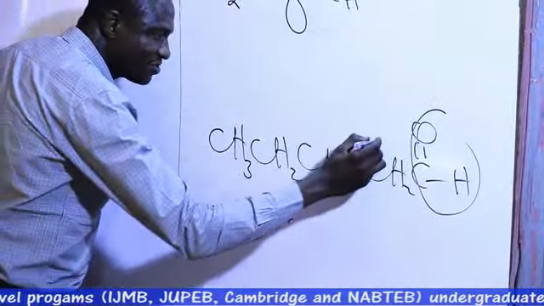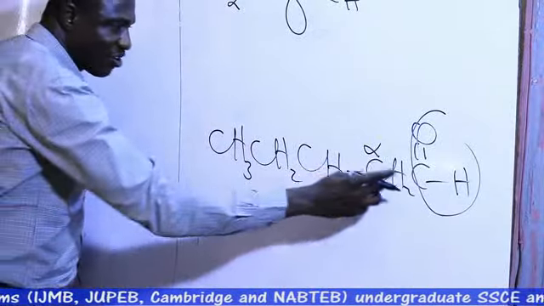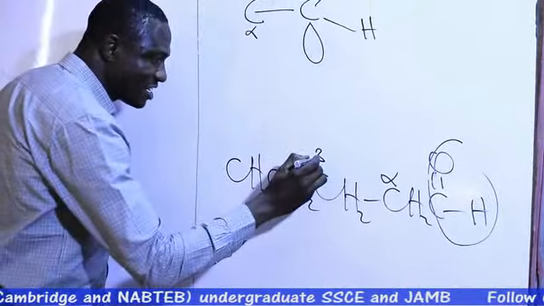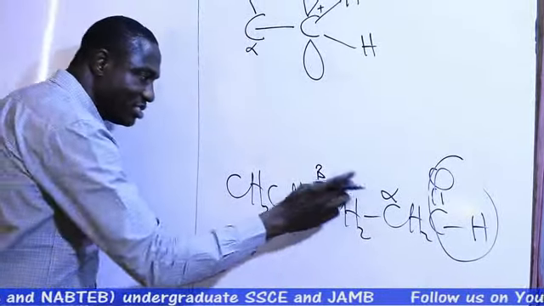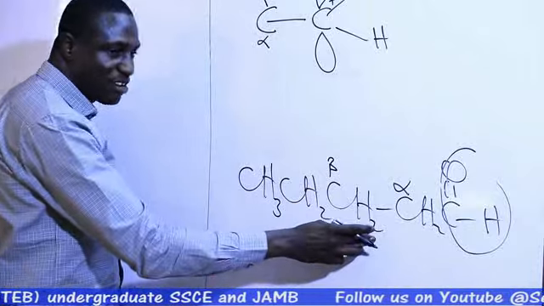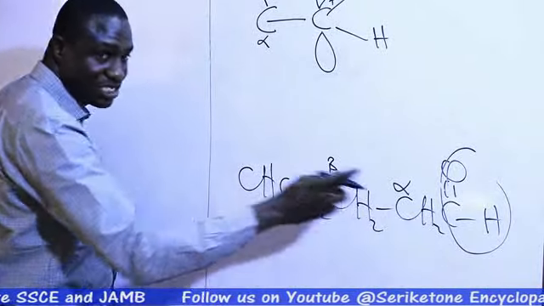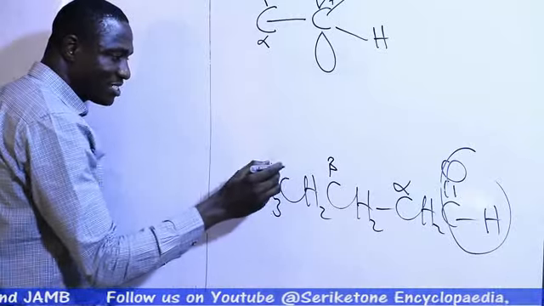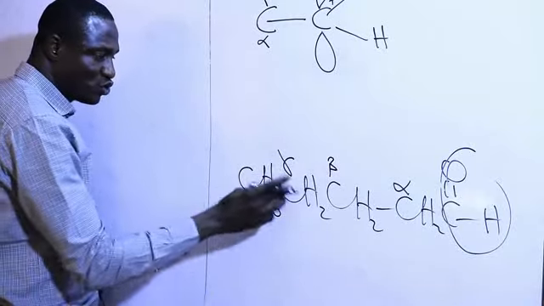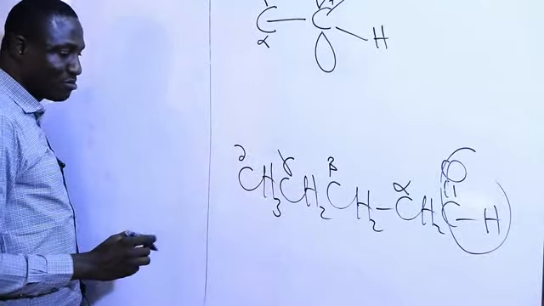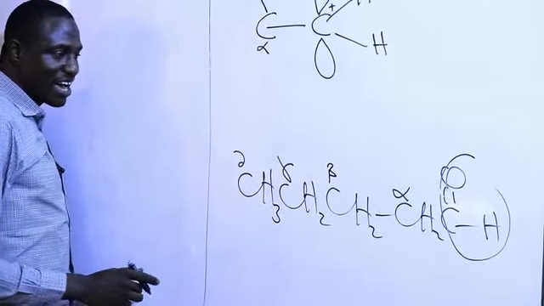The carbon that is next to it is called an alpha carbon, and all the hydrogen atoms on that carbon are called alpha hydrogen. The one that is next to it is a beta carbon. So this beta carbon also has two beta hydrogen, just like the two alpha hydrogen on this carbon. The carbon that is next to it is a gamma carbon with two gamma hydrogen, while the one that is next to it is a delta carbon with three delta hydrogen.